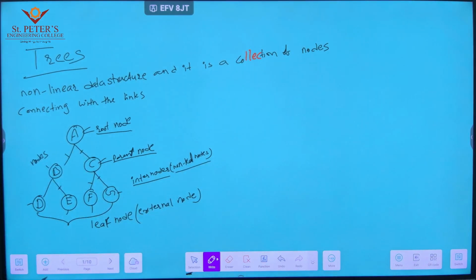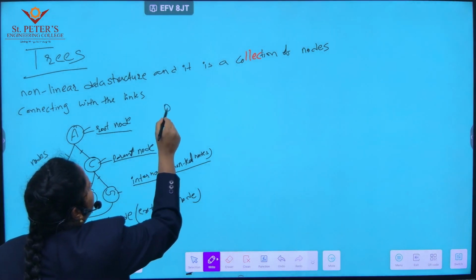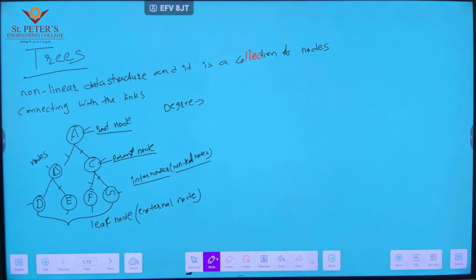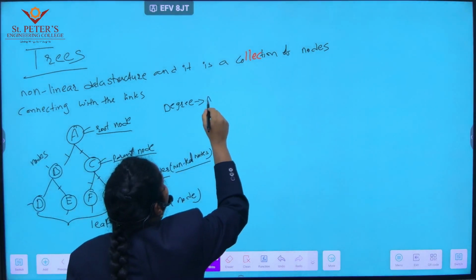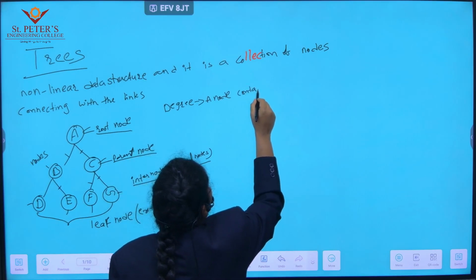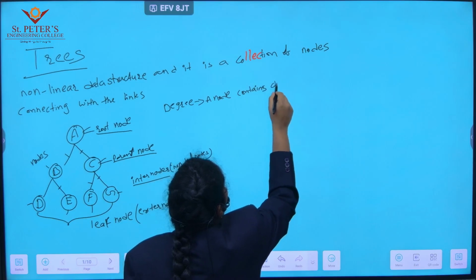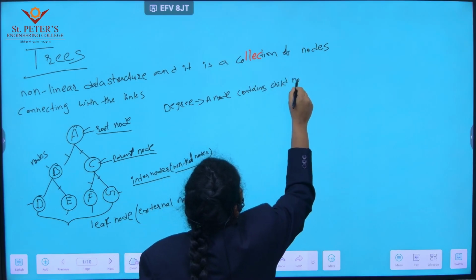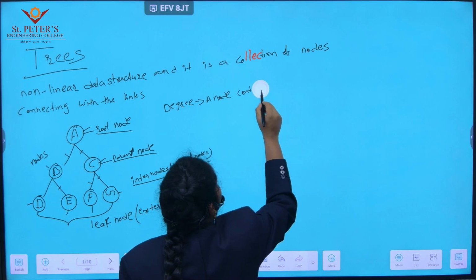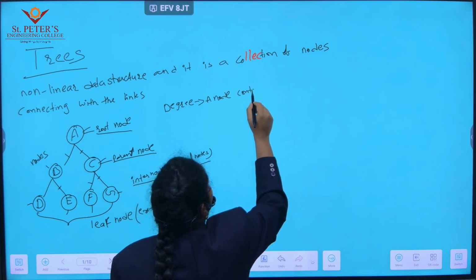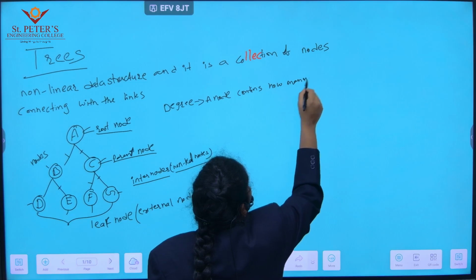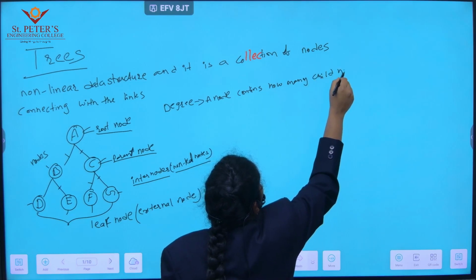And next is degree. Degree means how many child nodes a node contains.